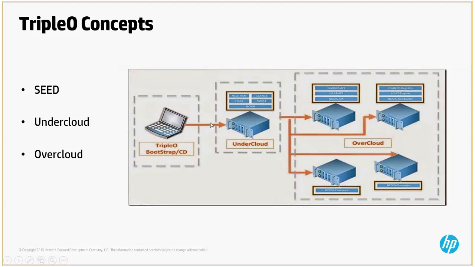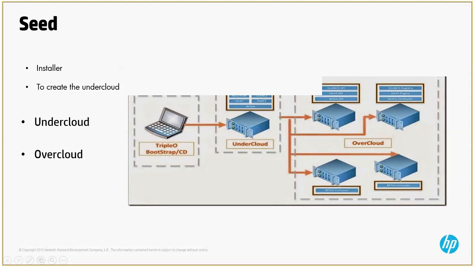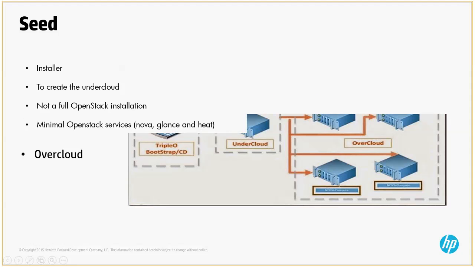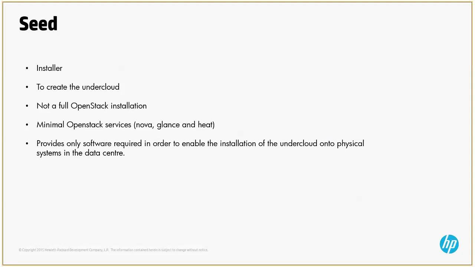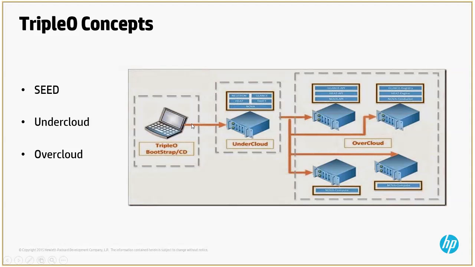If we go into details, what is a seed? A seed is acting like an installer. The seed is used to create an OpenStack environment of undercloud. It's a minimal OpenStack environment which has the processes of Glance and Heat, with Ironic also. From the seed environment or the seed machine, we will be creating an undercloud.